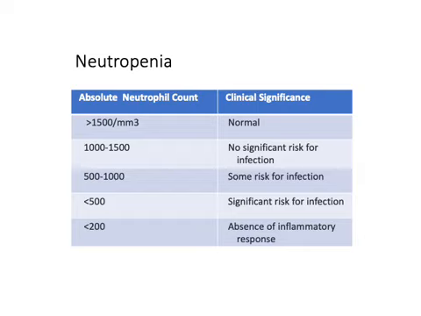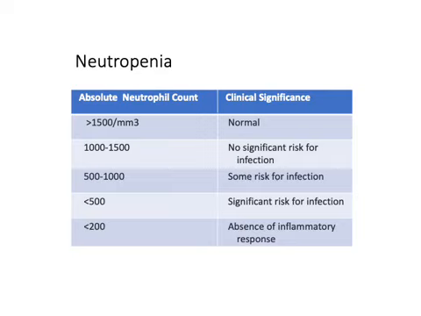When the absolute neutrophil count falls below 0.5 times 10 to the 9, the patient is likely to have recurrent infection. And when the count falls to less than 0.2, the risks are very serious, particularly if there is a functional defect.